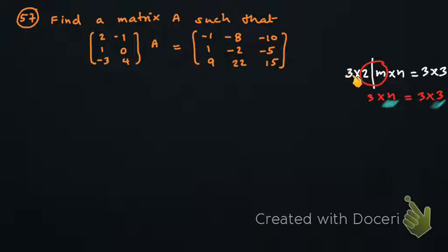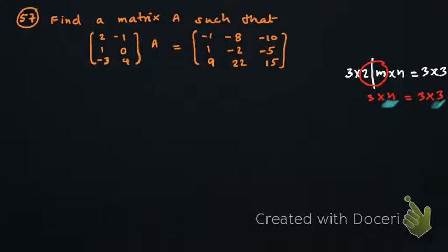And then the remaining numbers will give you the order of your answer matrix, which is 3 by n. So I cancel the middle numbers because they are supposed to be the same, and then the answer matrix will be a 3 by n matrix. So a 3 by n matrix is equal to a 3 by 3 matrix, which means n has to be equal to 3.